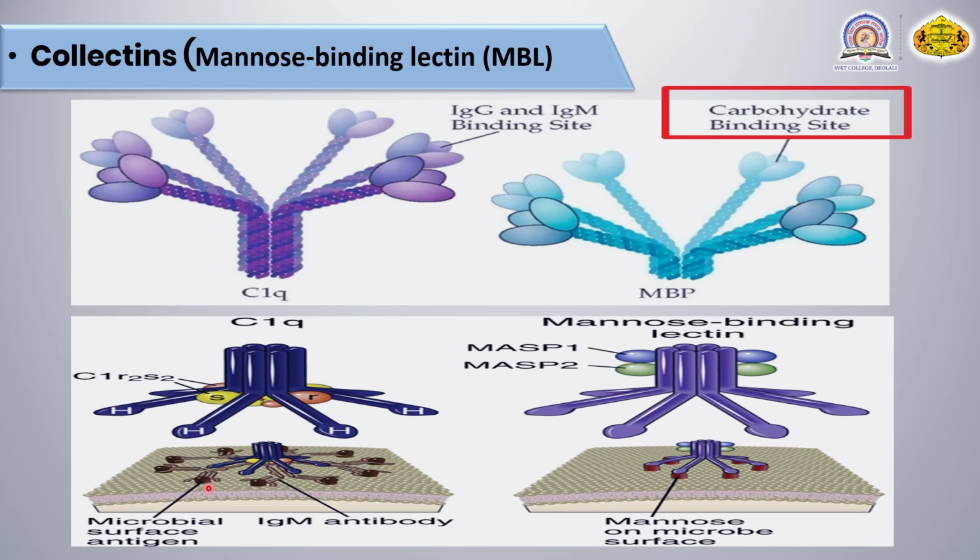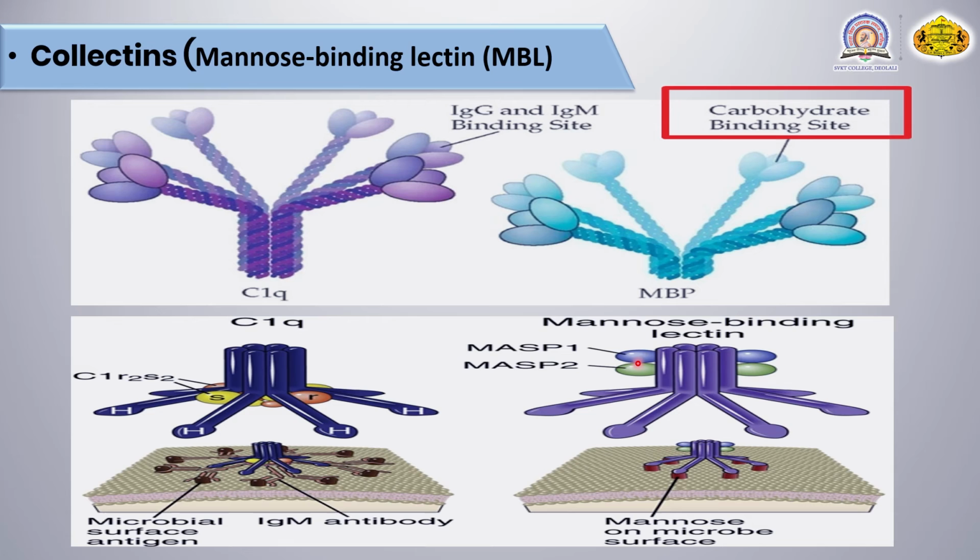So this molecular binding takes place between this C1Q component and this IgG or IgM antibody, and this itself acts as a trigger to stimulate this complement component, and this complement component further initiates the classical and alternative pathway and carries out the destruction of that microbial cell surface by producing the membrane attack complex.